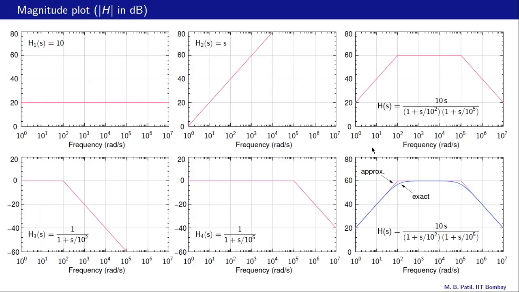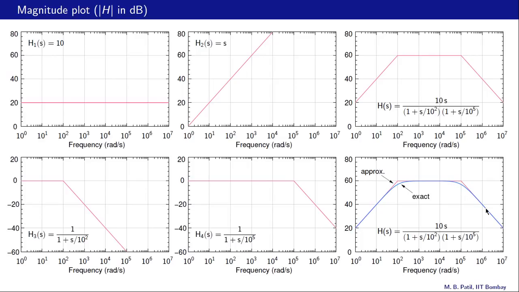Okay, let us now compare our Bode magnitude plot, this one, with the exact result for H(s). And how do we obtain this exact curve given here in blue?